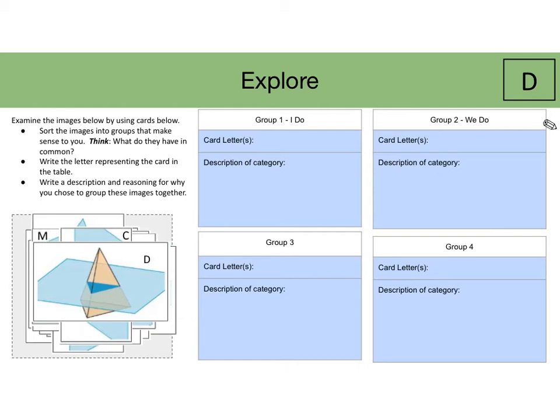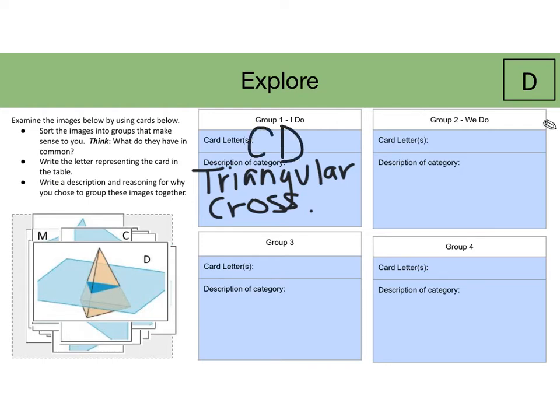And so as an I do, you might want to choose triangular cross sections, cross for short. And you can say that the letters C, D, H, and L all have triangular cross sections.